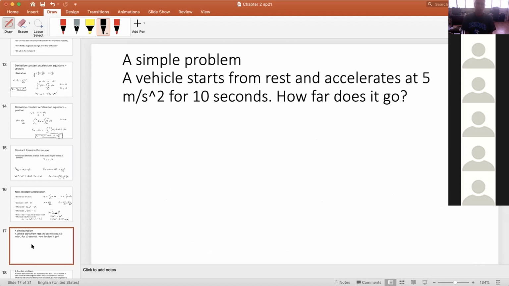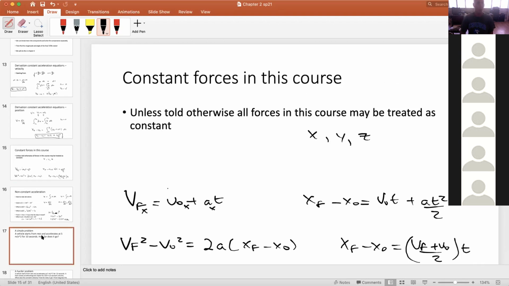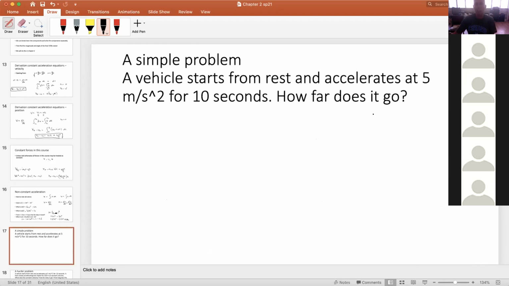Okay, so just to use these constant ones, I'll rewrite them right here. It would be very helpful for you to write these down somewhere and keep them near you. But don't write them down right now.